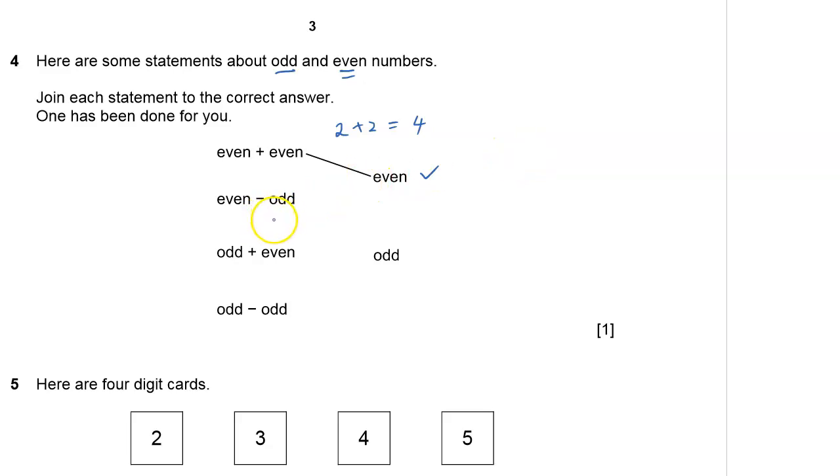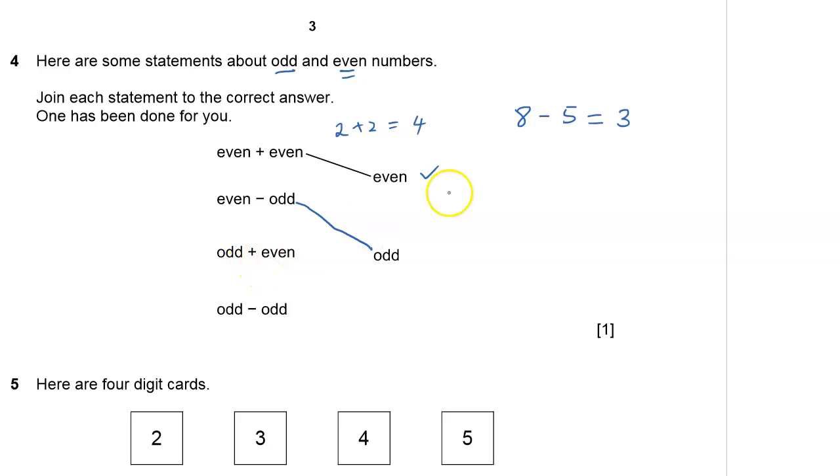What about if you subtract an even number minus odd number? E.g., let's have 8 minus 5. 8 is an even number, 5 is an odd number. What does it give us? It gives us 3. So an even number minus odd number gives us an odd number.